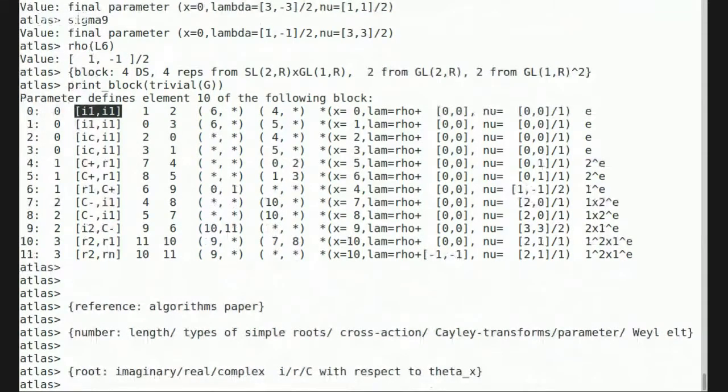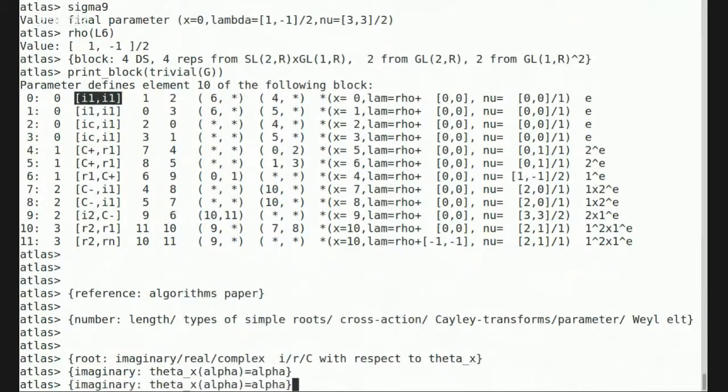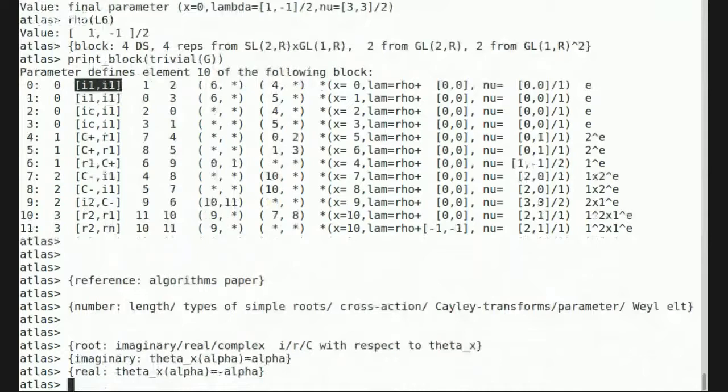So, for example, to say that a root is imaginary is to say that theta x of alpha is equal to alpha, and to say that it's real is to say that theta x of alpha is minus alpha, and to say that it's complex is neither.